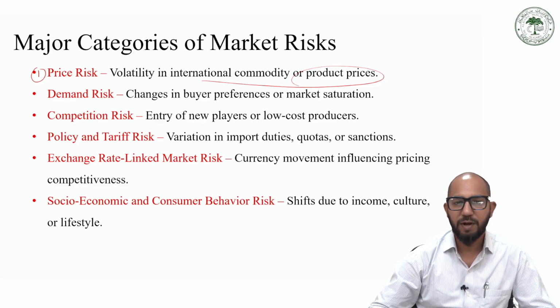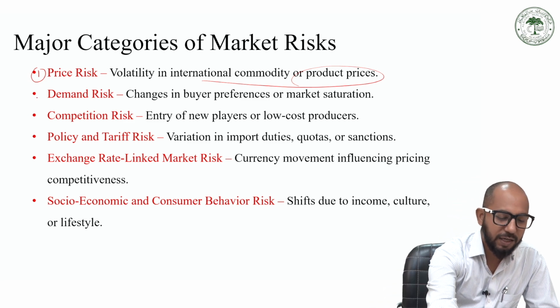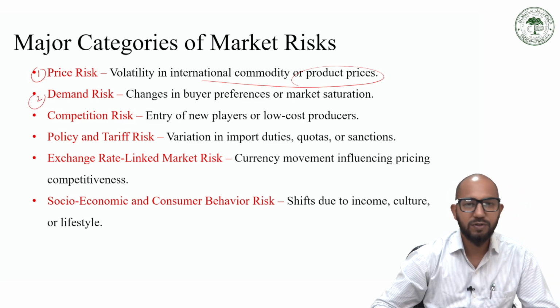These changes in prices may be due to some country specific issues or firm specific issues. But whatever the cause may be, these create lots of fluctuation in the prices which may affect the profitability of the exporter. The second category of risk is the demand risk.